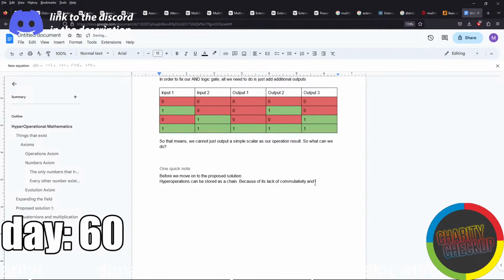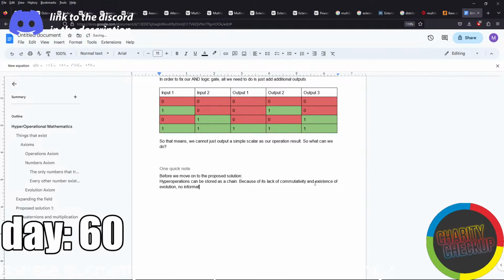And evolution. Commutativity and evolution would suggest lack of commutativity and existence of evolution.